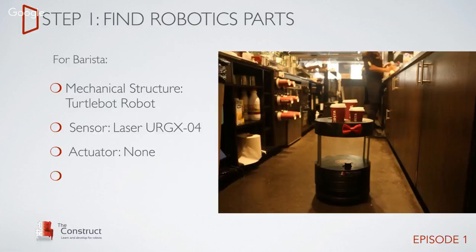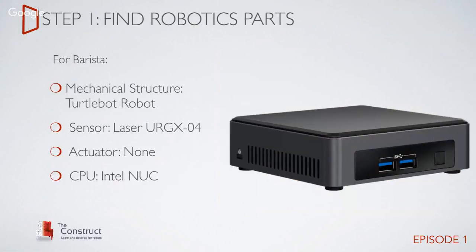And also we have the power of a computer. So we are not using a Raspberry Pi or another board like Arduino. If you have an Arduino or Raspberry Pi, you can also use ROS on them, but it's a little bit more complicated. So you're putting more rocks into your path to make it more difficult.